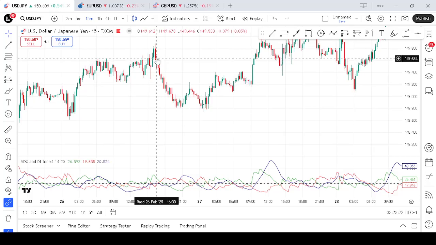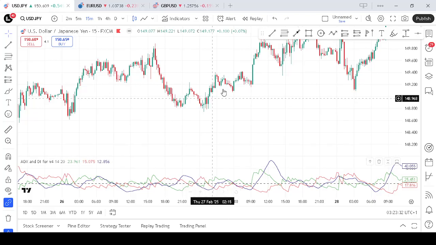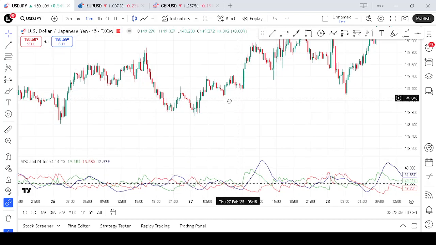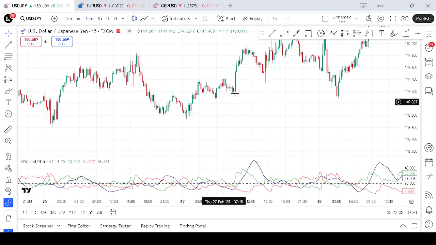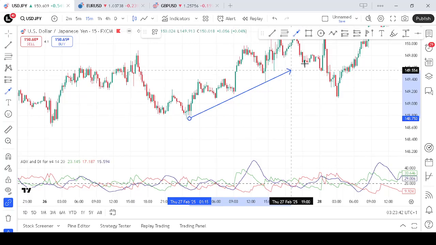When the positive DI line crosses above the negative DI line, it shows that we are in a bullish market. At this area, price was reversing, creating a series of higher highs and higher lows.